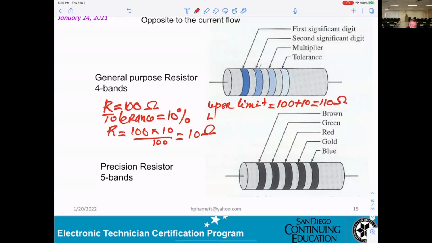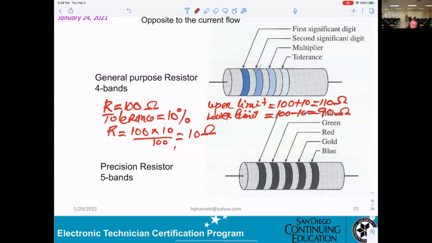And the lower limit equals 100 minus 10 equals 90 ohm.